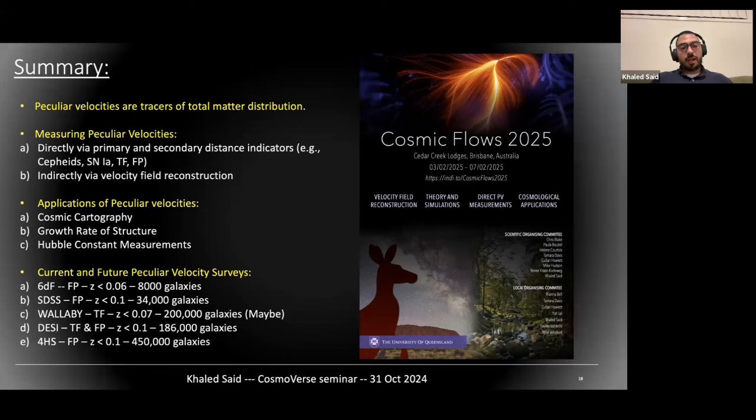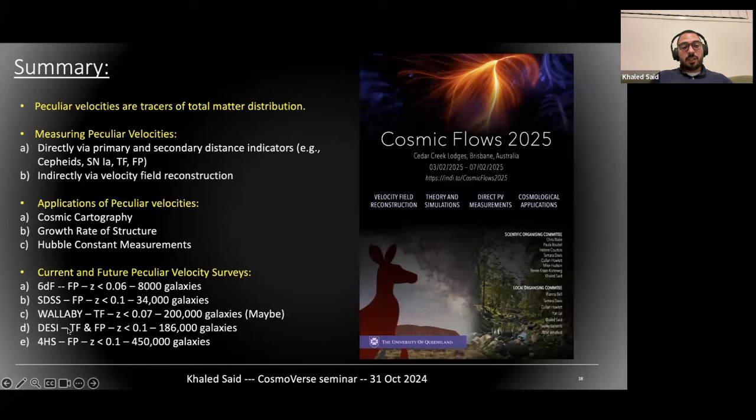And our pilot survey is saying that we might get 200,000 galaxies, but there is a maybe here because our pilot survey was very, very deep, and we don't think we'll be able to do the same deep observations for the whole survey. So this number might get low, but even half of this number will be a great improvement.